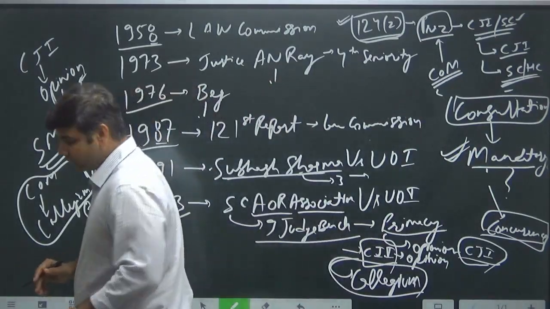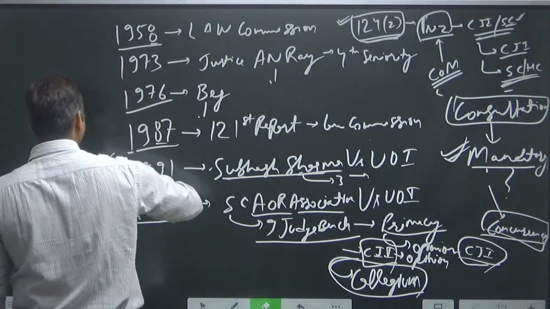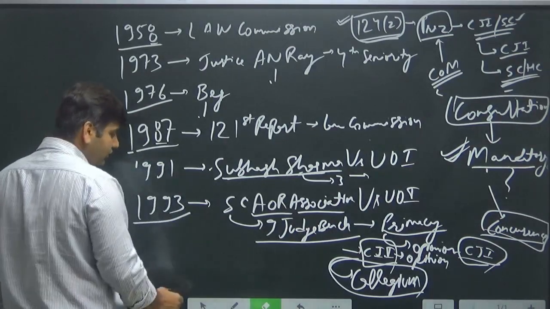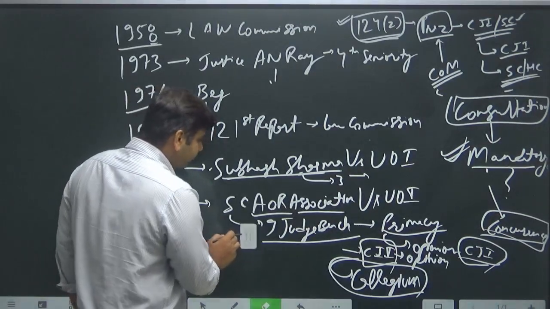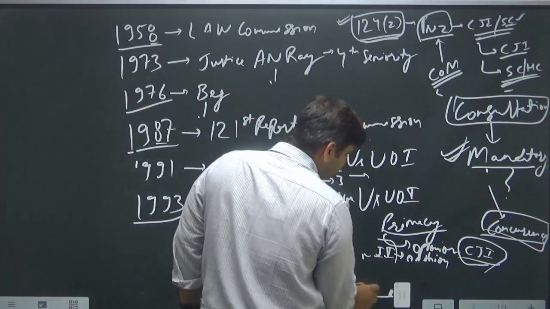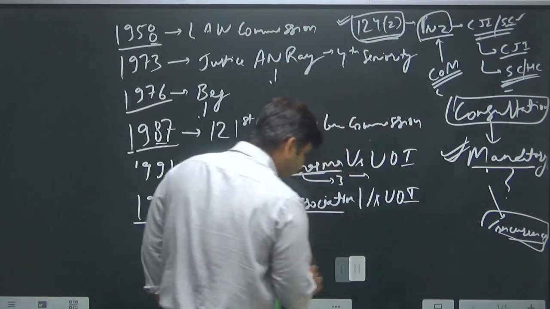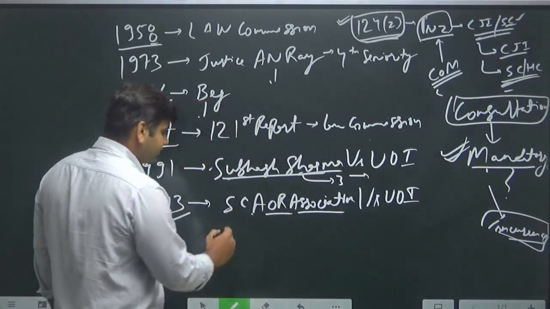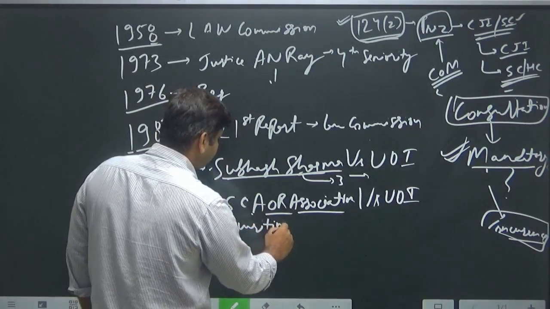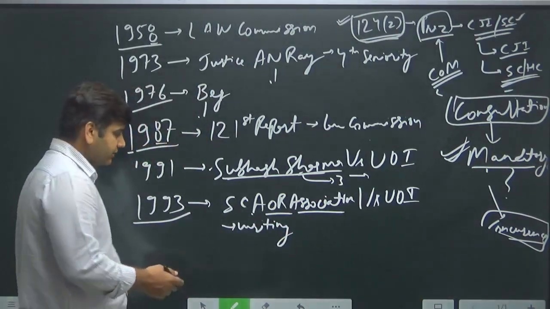Also, another important point which was raised in this case of 1993 was that all the recommendations and all the opinions of the judges, the senior most judges and the Chief Justice of India, must be made in writing.